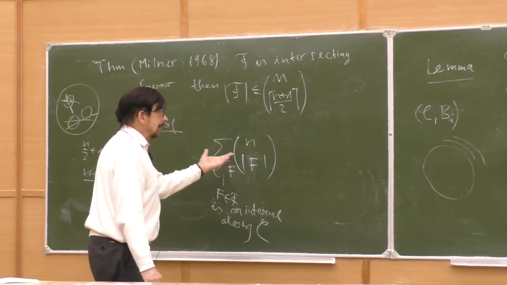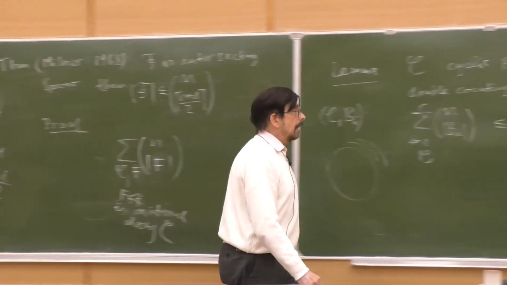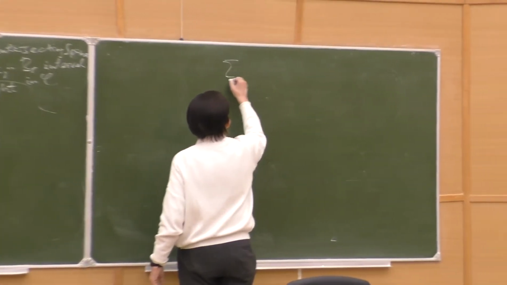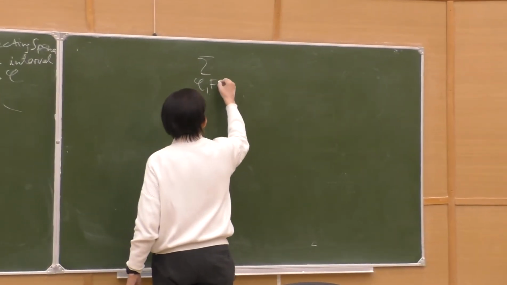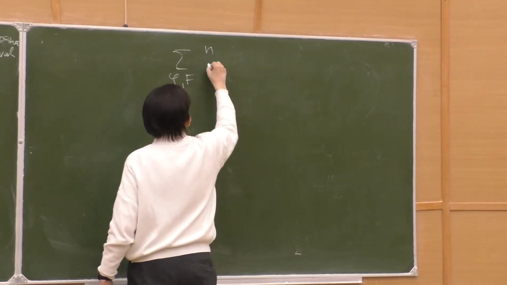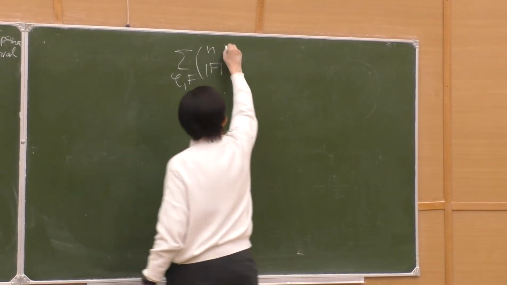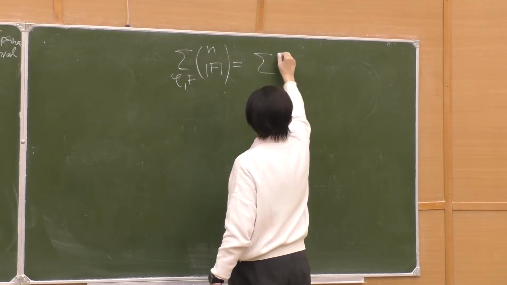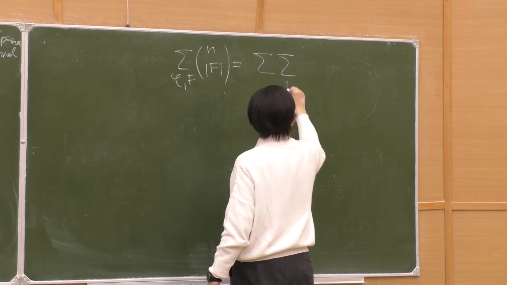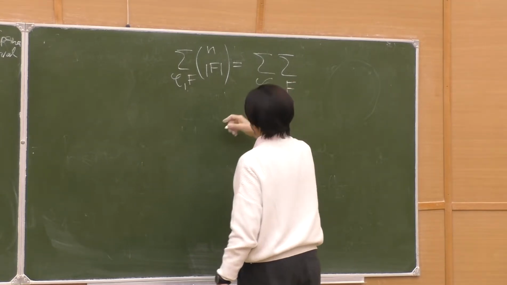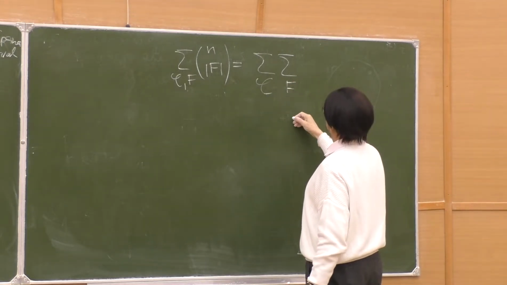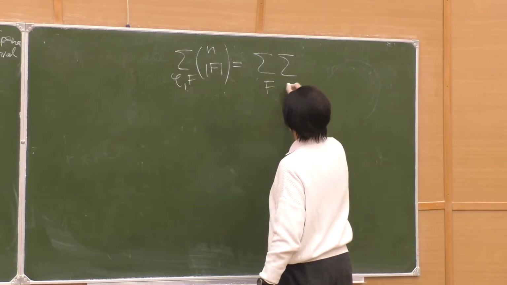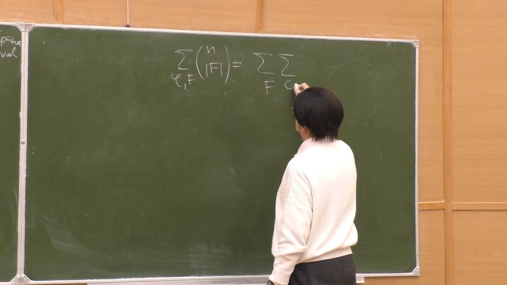So we do the same thing as before, that we take pairs C, F and choose F. We can do the sum in two different ways.